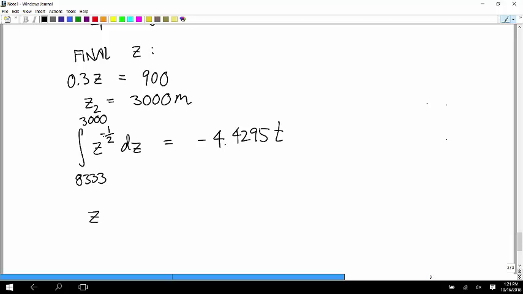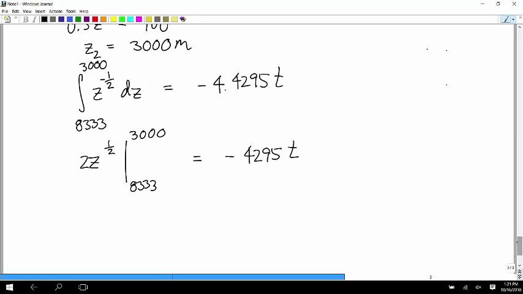So we get z to the positive 1/2 over negative 1/2, so negative 2 times square root of z, evaluated from 8333 to 3000. So what do you get for the left side?